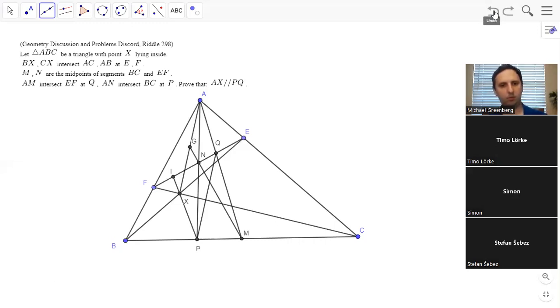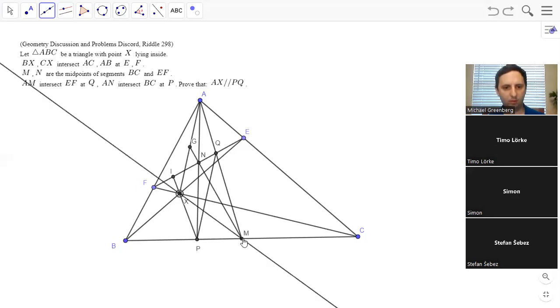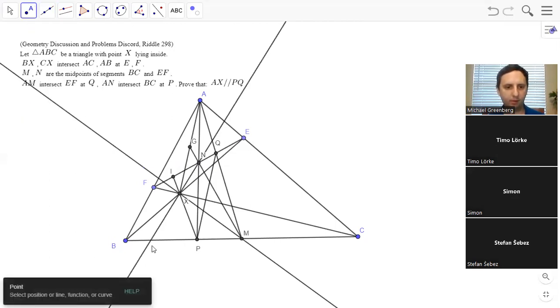Intersect XM and XN with EF and BC. XM and XN. EF and BC.